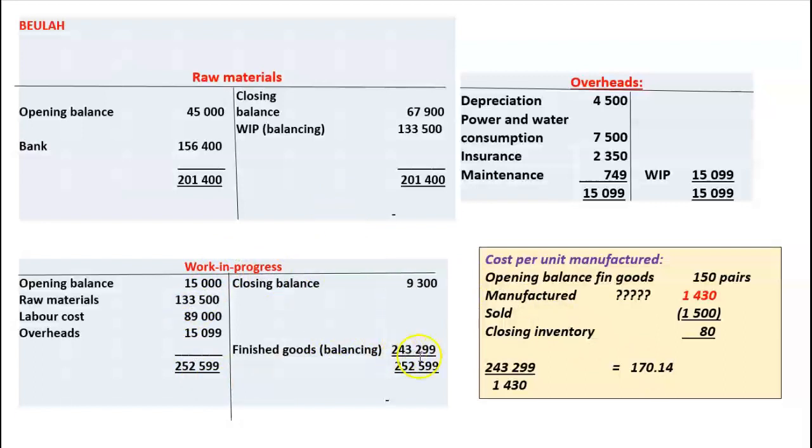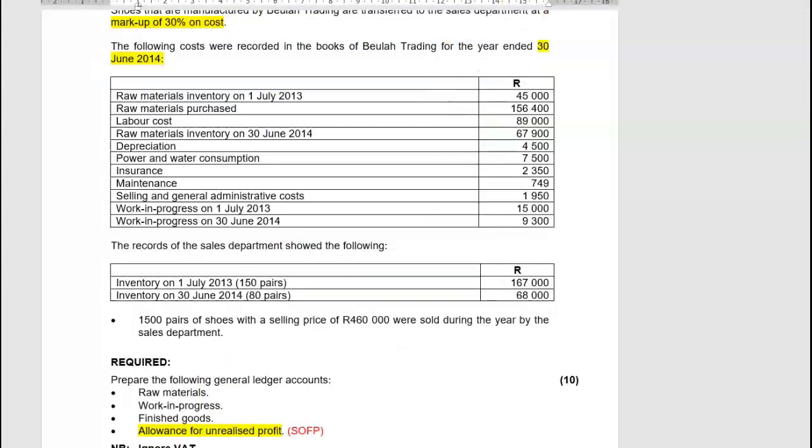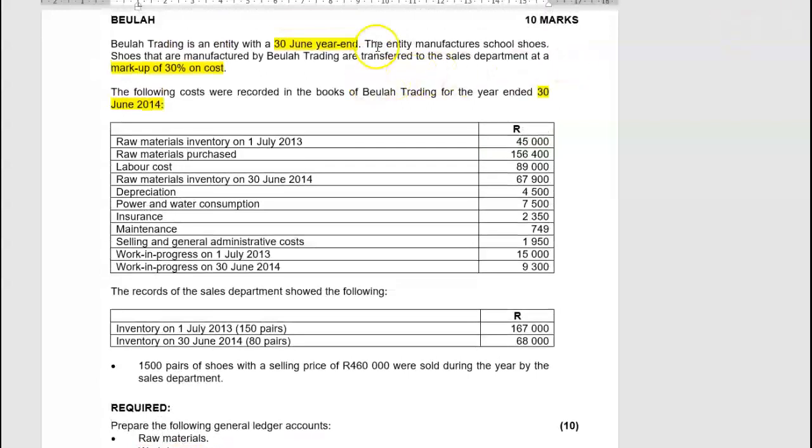They're going to transfer these goods now to the sales department. Now, you can see that I can only transfer the actual cost out of the work in progress account. So if you go to finished goods, we've already spoken about the opening balance and the closing balance. Here you see out of the work in progress account, 243,299. But remember, the factory environment transfers all this stock to the sales department at a markup of 30% on the cost.